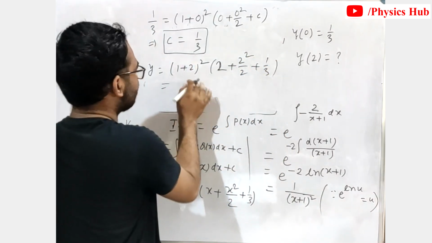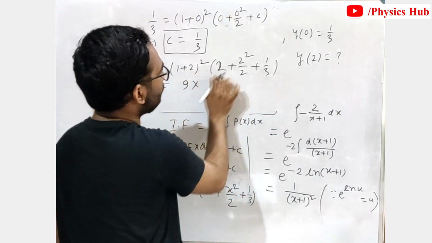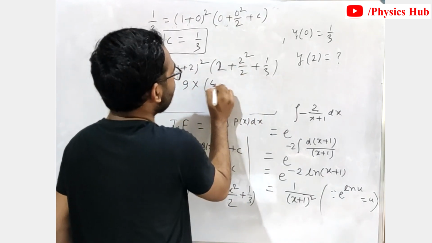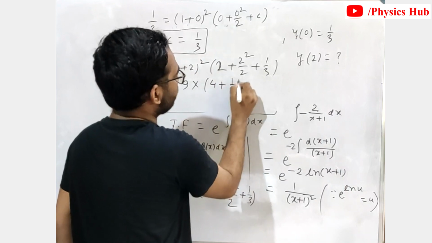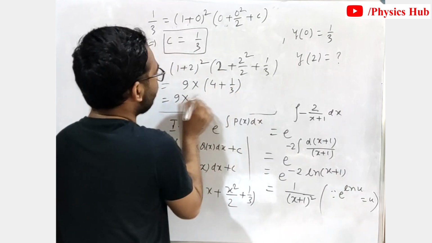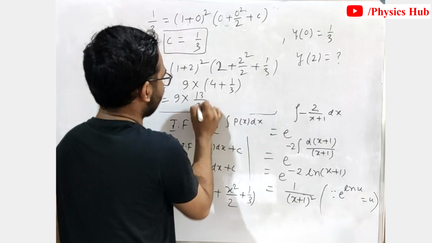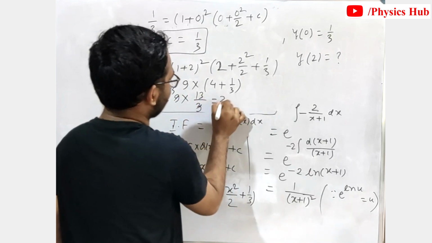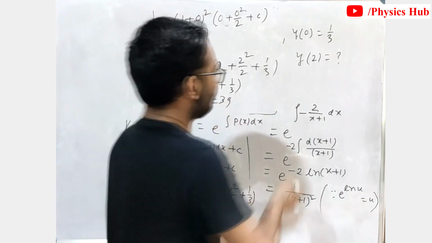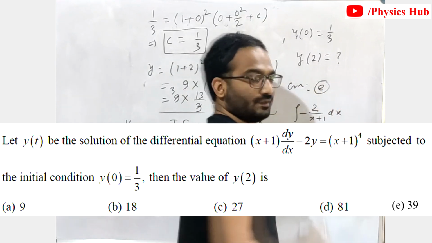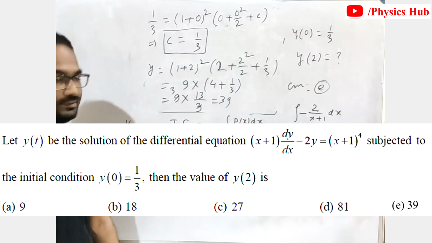So 2 plus 1, 3 square is 9. 9 into 2 plus 2, 4, plus 1/3. 9 into 13 by 3, 39. So it is matching with option E. So option E is the correct option.